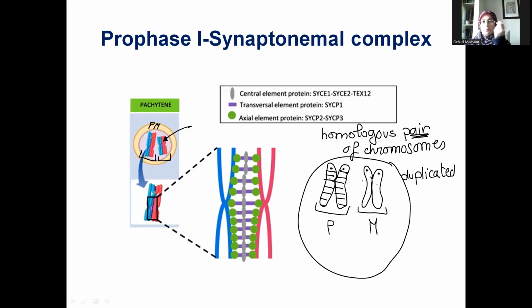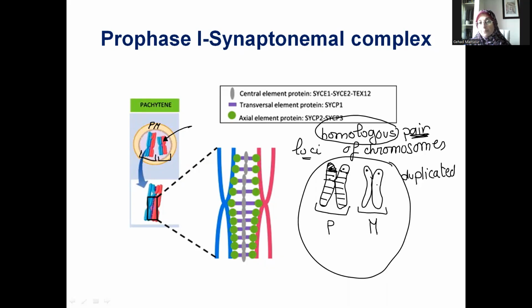Why do these two chromosomes in particular come in close contact with each other? What determines this is them being homologous. So what do we mean by homologous chromosomes? Homologous chromosomes carry the same genes, or they carry loci. Loci is the plural of locus, and a locus is a site or a place.